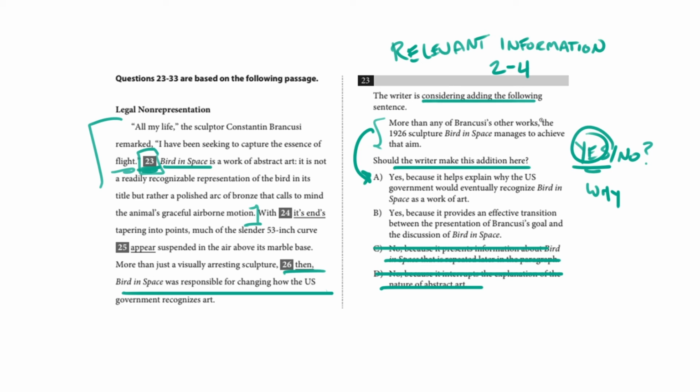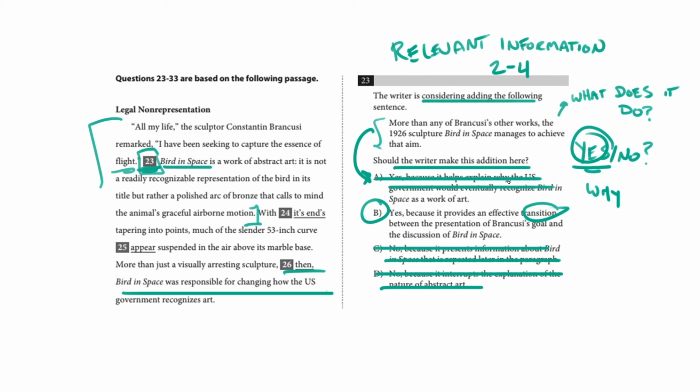Ask yourself, when you're looking at the addition, what does this sentence do? And earlier, I said it introduces the idea of the statue. So let's look at choice B: yes, it should be inserted because it provides an effective transition between the presentation of Brancusi's goal and the discussion of Bird in Space. And this, the word transition, is very similar to my notion that it introduces the idea of the sculpture. So I'm going to say B is our answer.